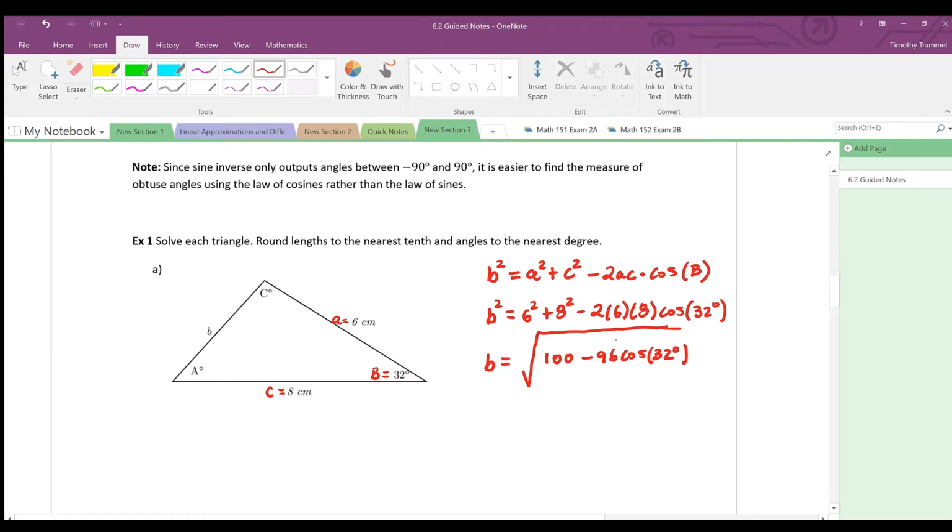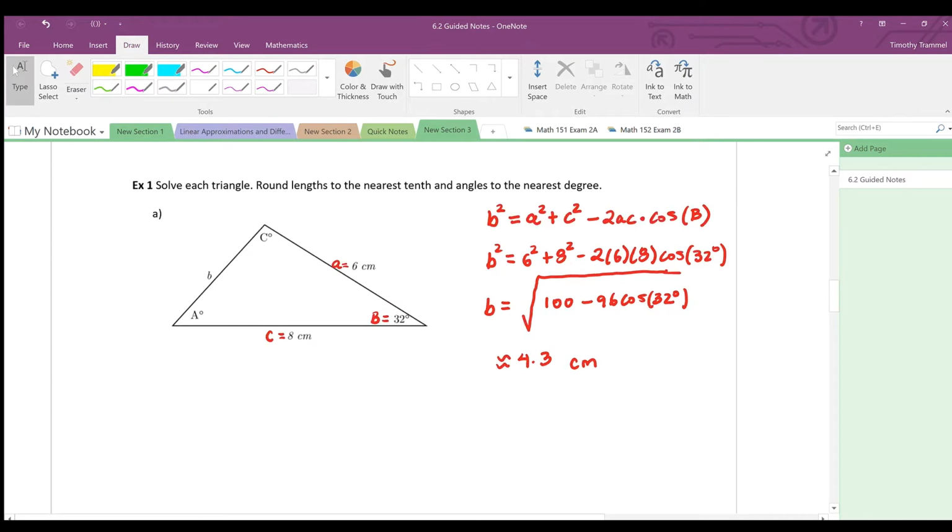So if we just plug this into our calculator here, we'll get our value for b, which is approximately 4.3. And since this is a side length, this is in centimeters. And here in a moment, we will talk about maybe how we plug this in our calculator and one other thing.